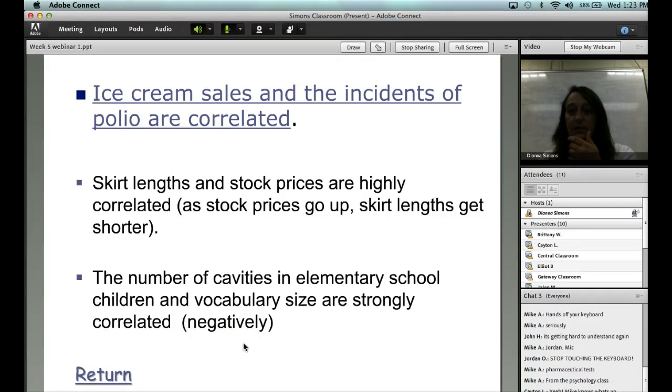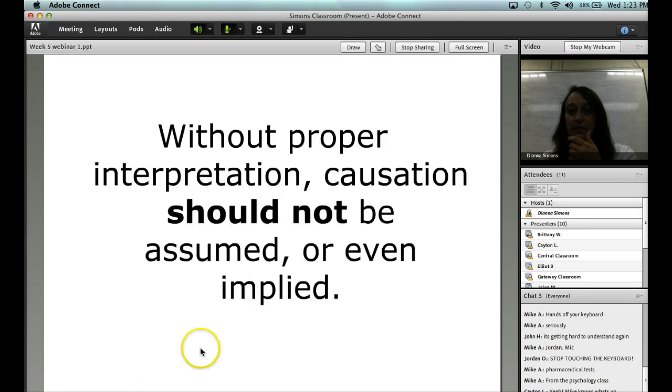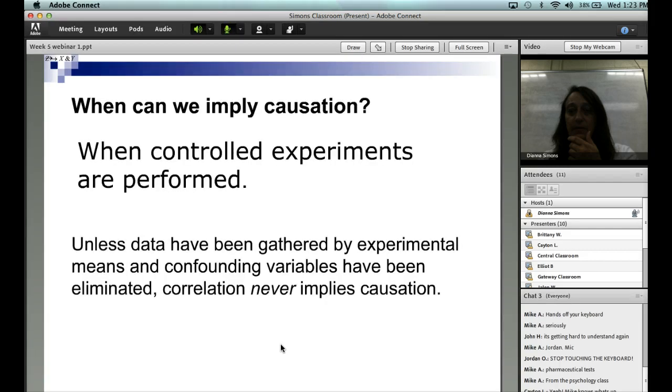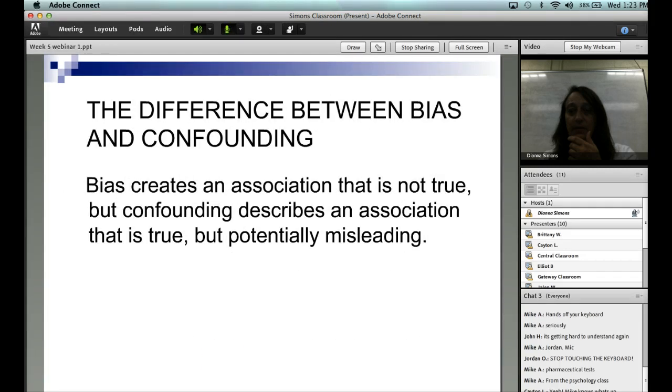The number of cavities at elementary school and the vocabulary size are strongly correlated. Makes no sense. So without proper interpretation, causation should not be assumed or even implied.